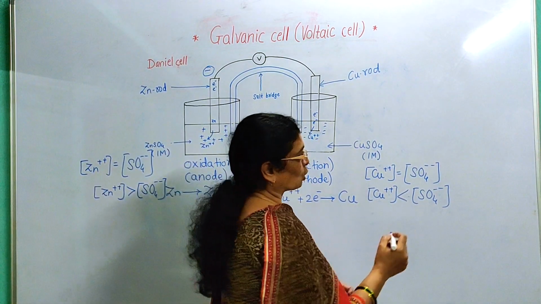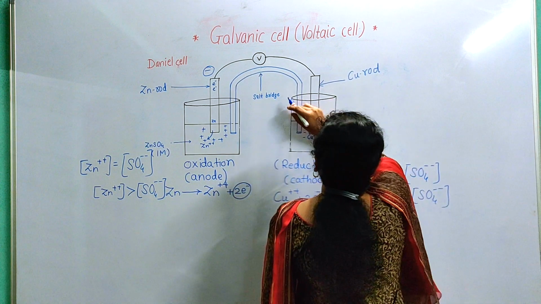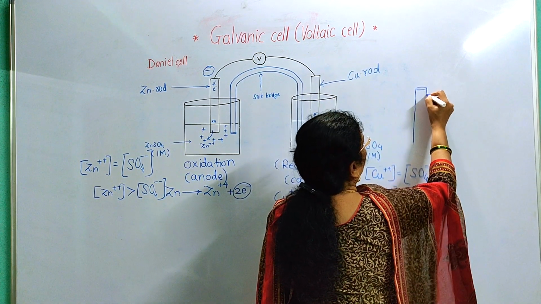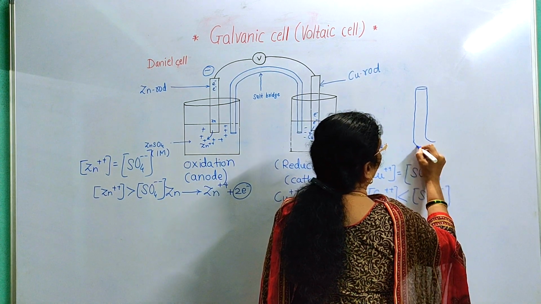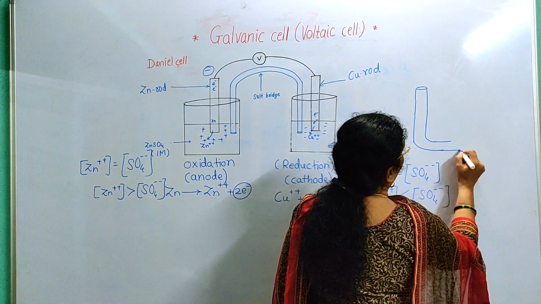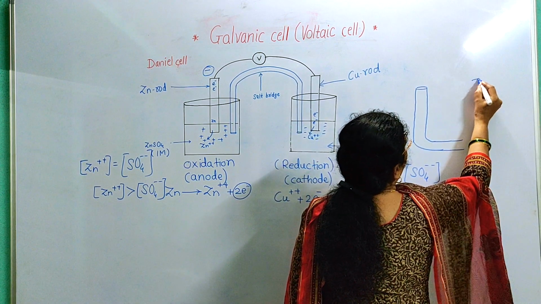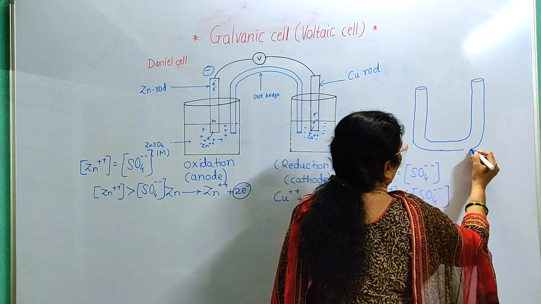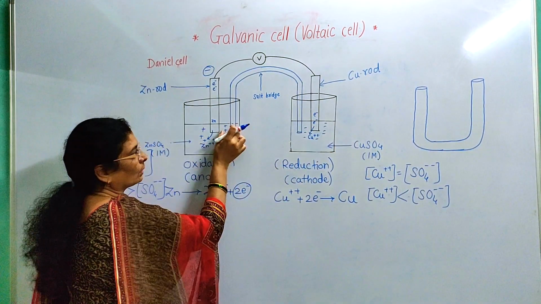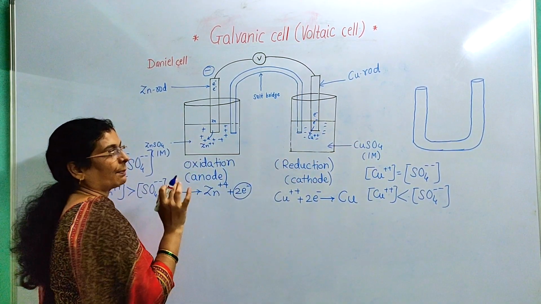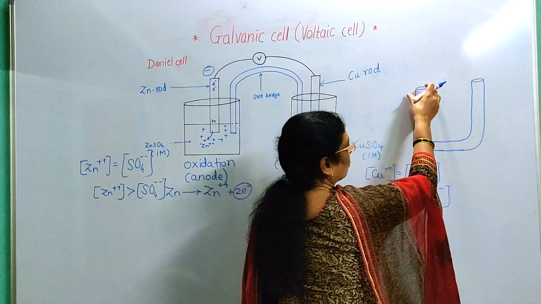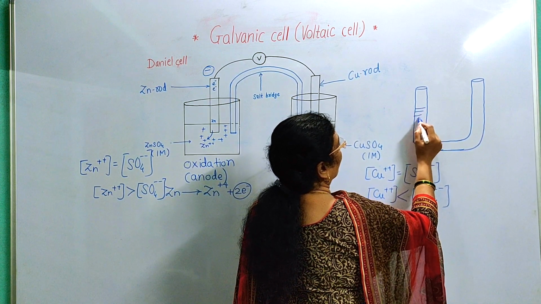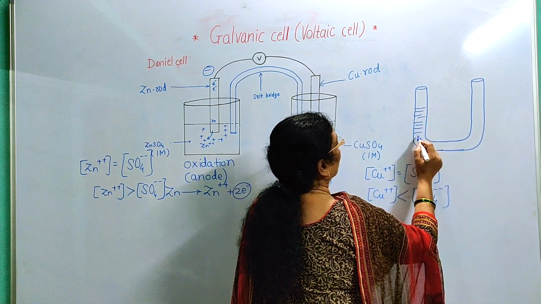Now remember, a salt bridge is like a U-shaped glass tube, an inverted U-shaped glass tube, whose two limbs are dipped separately in the two solutions. Initially, in this U-shaped glass tube, we have to take an inert electrolyte.